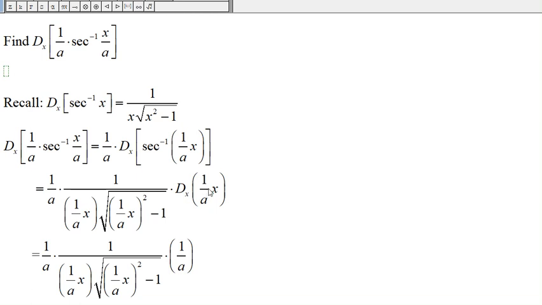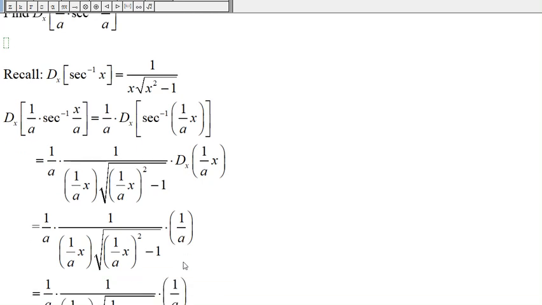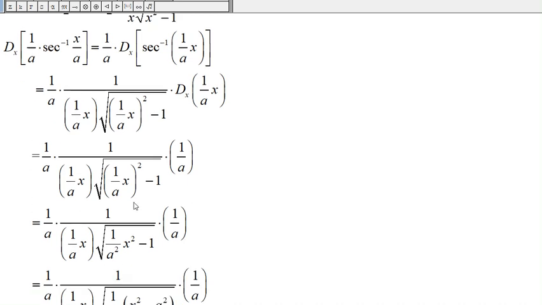The derivative of 1 over a times x is just 1 over a. One over a times x squared is 1 over a squared times x squared.